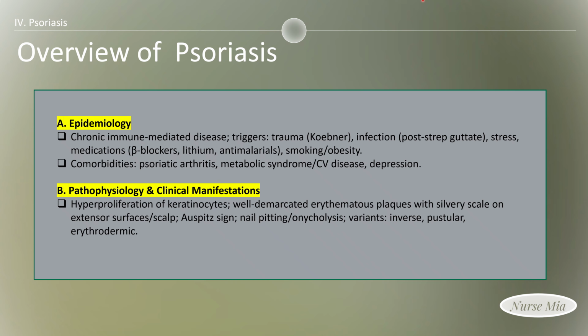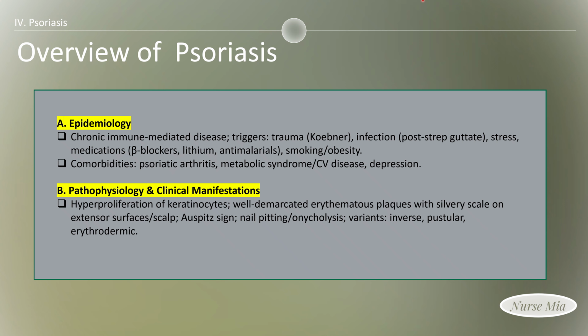It's a lifelong inflammatory disorder, characterized by exacerbation and remission of raised, scaly, erythematous plaques, usually seen on the extensor surface of the body.